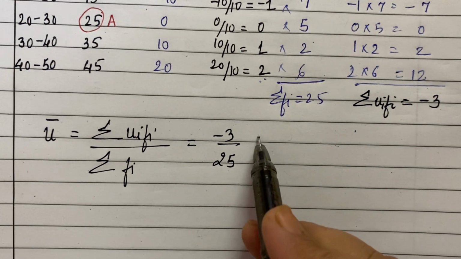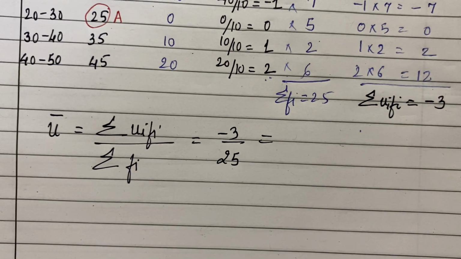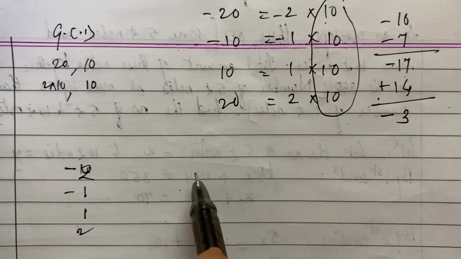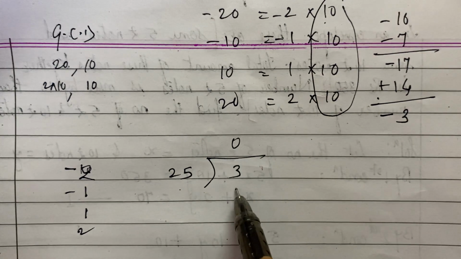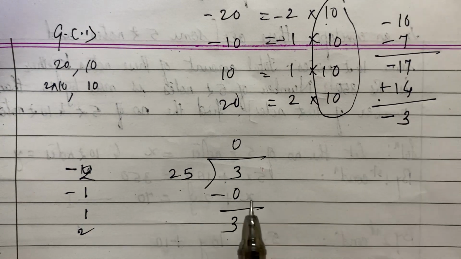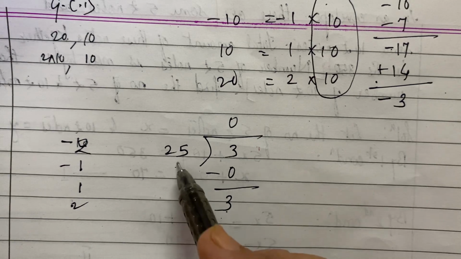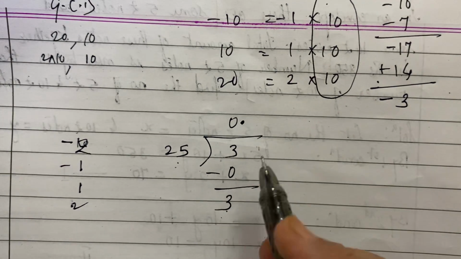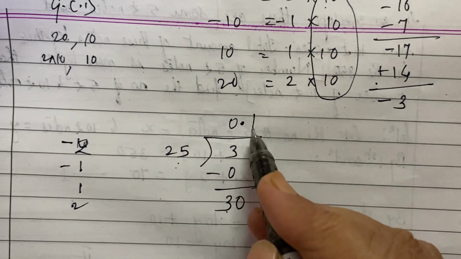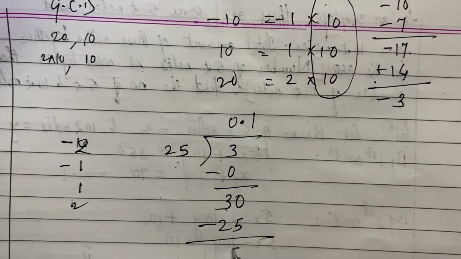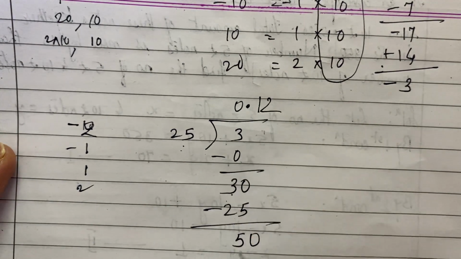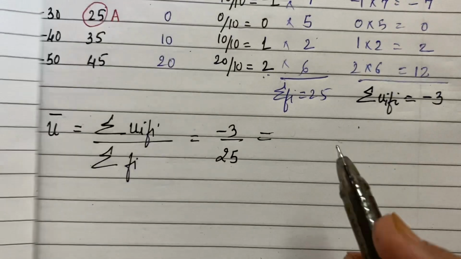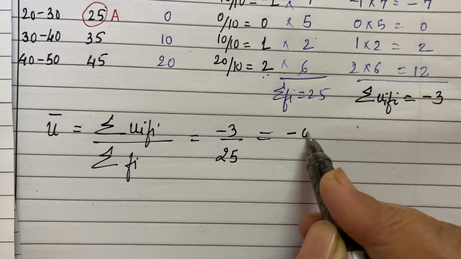If you divide this 3 by 25, 25 zeros is 0, remainder is 3. 3 is smaller than 25, so you put a decimal point and put a 0. 25 ones is 25, your remainder is 5. Now you can put a 0 directly. 25 twos are 50. The answer will be negative 0.12.